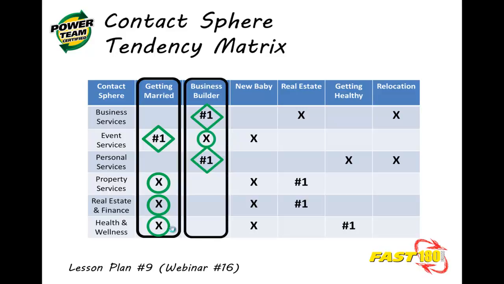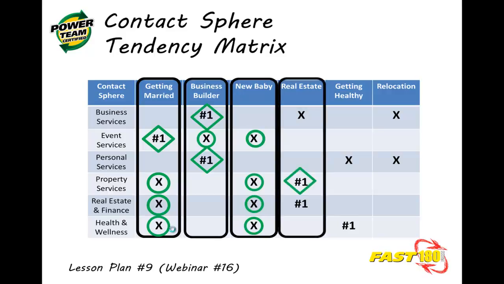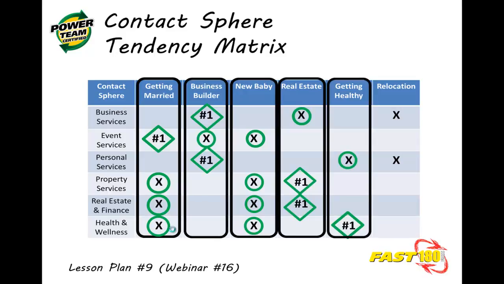And of course, event services is key to the business builder in the form of client appreciation events, open house events, launch parties, and so forth. And you can literally go through the list now depending on where your focus is and look at these other contact spheres and say, who's in my chapter? Who can I promote because my client can benefit? And that's really what we're talking about.